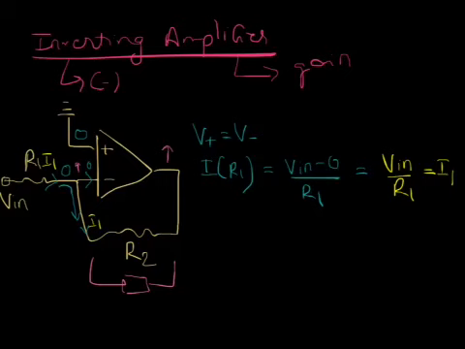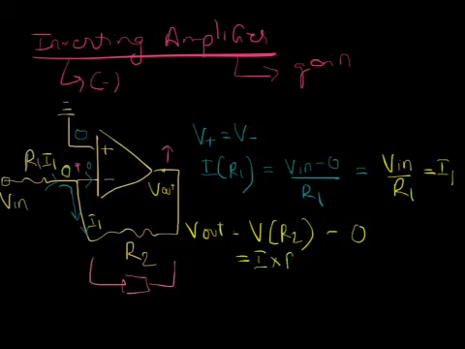Now, this voltage here, V out, is going to be the voltage across R2 minus 0, because this potential is at 0. And we know that the voltage across a resistor is basically current into the resistance. But in this case, the current is in the opposite direction.